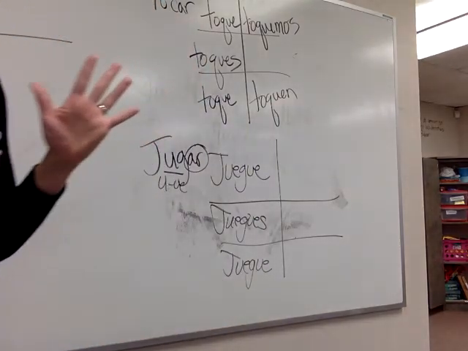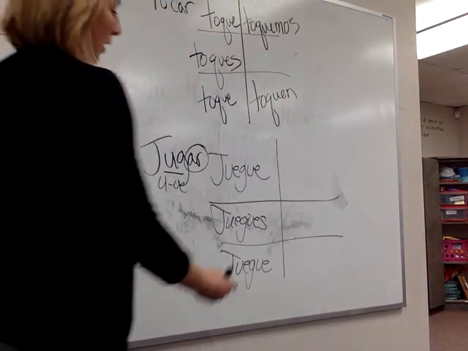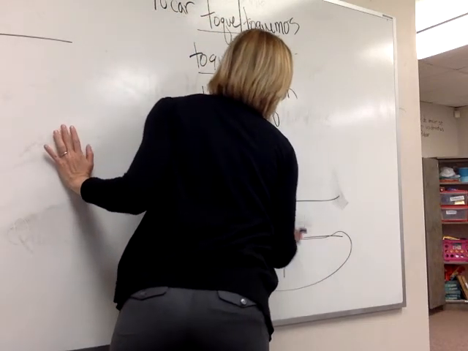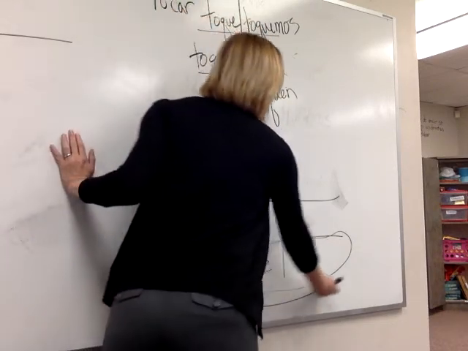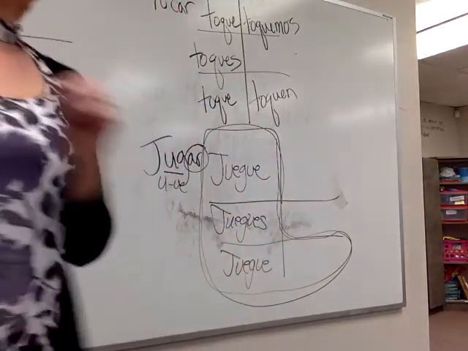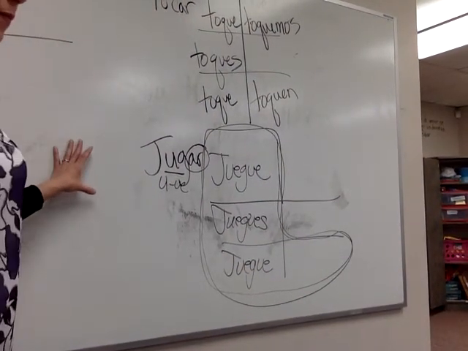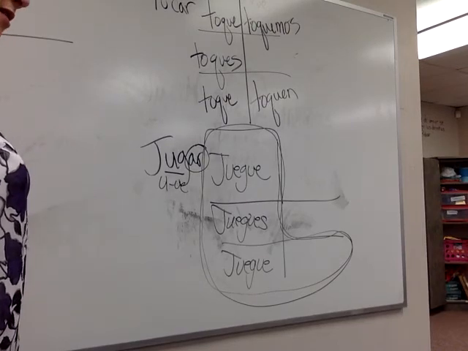But here's the problem. Here's where it gets a little confusing. We call stem changers what? Boot verbs. Because that stem change has always occurred in the boot, in the present tense. And that is true of subjunctive as well.